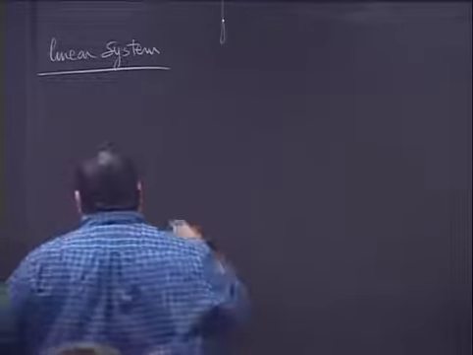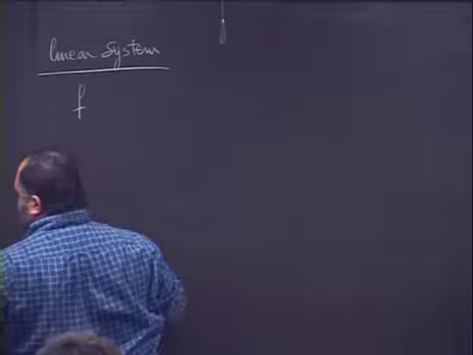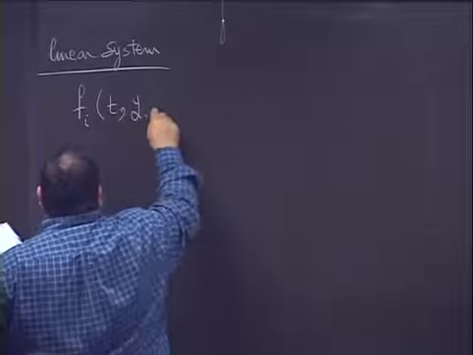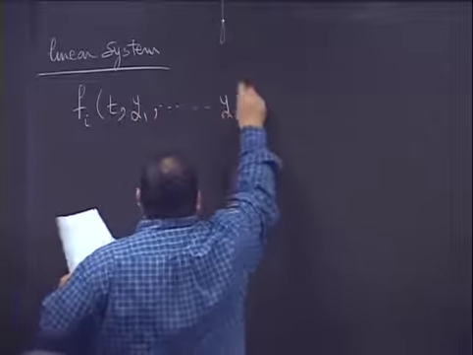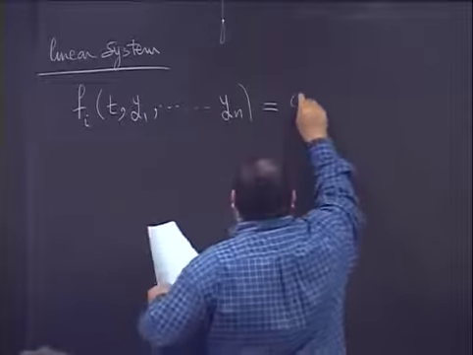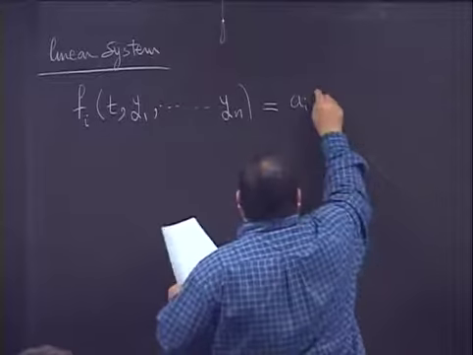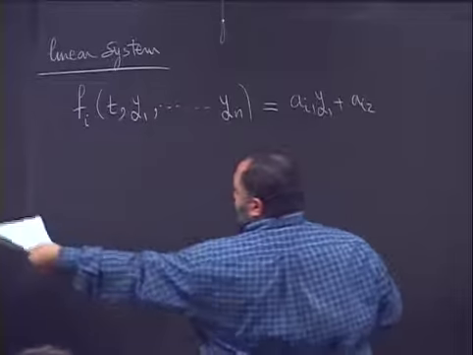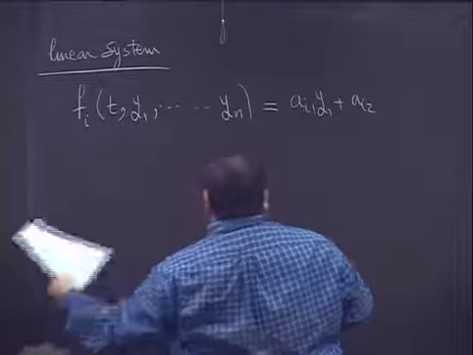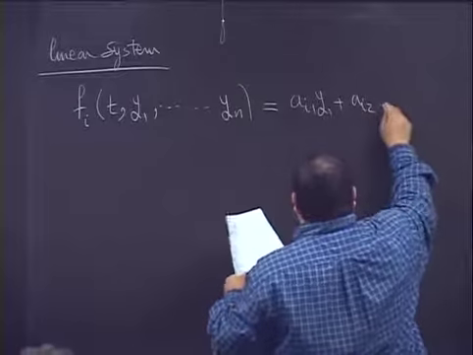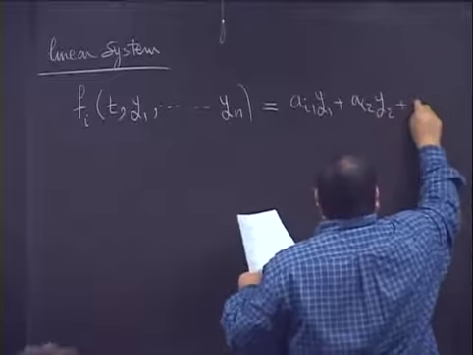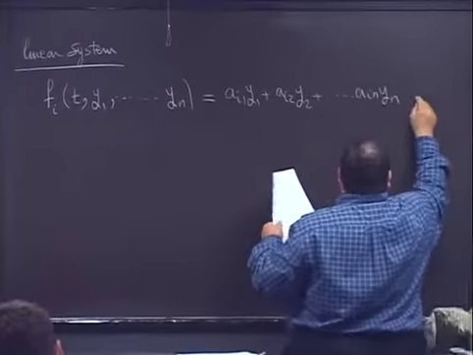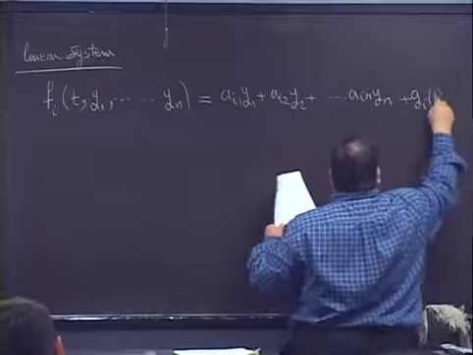So in this case, the functions f1, f2 up to fn, we call them fi of t and y1 up to yn, can be written as ai1 y1 plus ai2 y2 up to ain yn plus gi of t, where i is the subscript for f1, f2, f3, and so on.